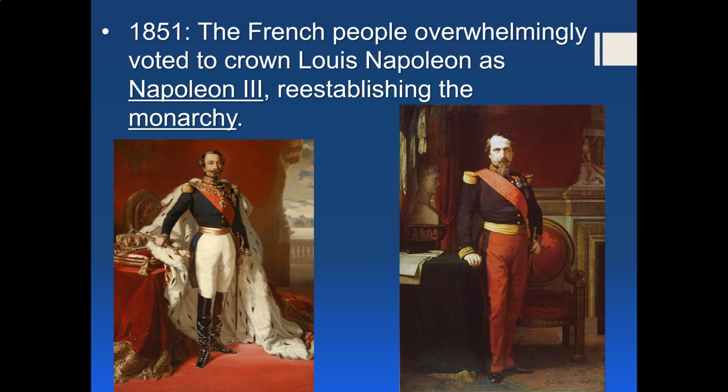And so what Louis Napoleon does is he basically holds an election of sorts, a plebiscite, asks the French voters, do you want me to reestablish the monarchy and become your emperor? And they say yes. This is pretty much exactly what his uncle had done. And now we have the monarchy back, and we have another Napoleon. Napoleon III. Again, Louis Napoleon, now known as Napoleon III, Emperor of France.